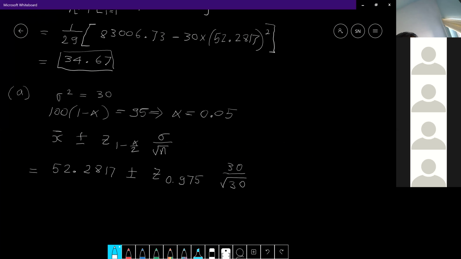So you should simplify this. This is going to be 52.2817 plus or minus, and if you read this from the normal table, it will be 1.96 multiplied by root of 30.